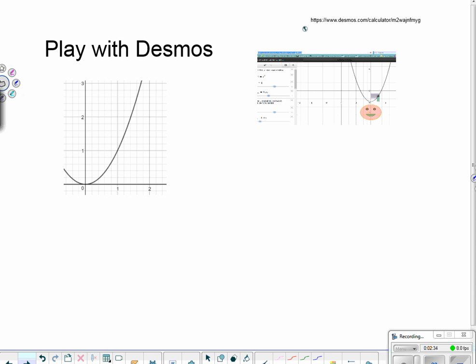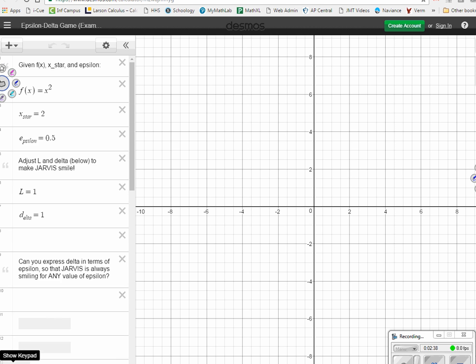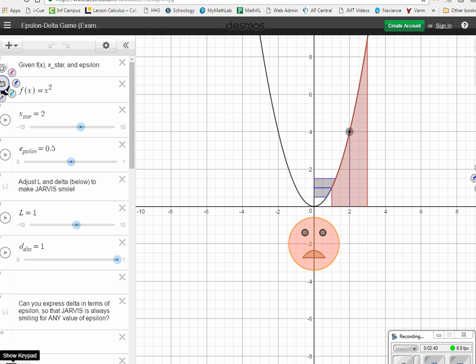You could go on Desmos. They have a real nice computer-aided model showing the same thing. If I wanted to move my x value, let's throw x in there, and then control our epsilon. Where's my L? There.